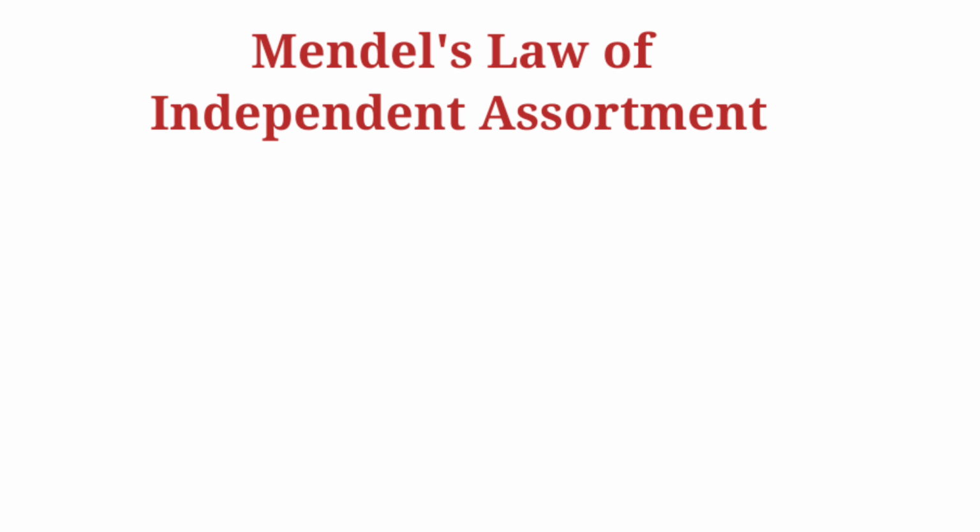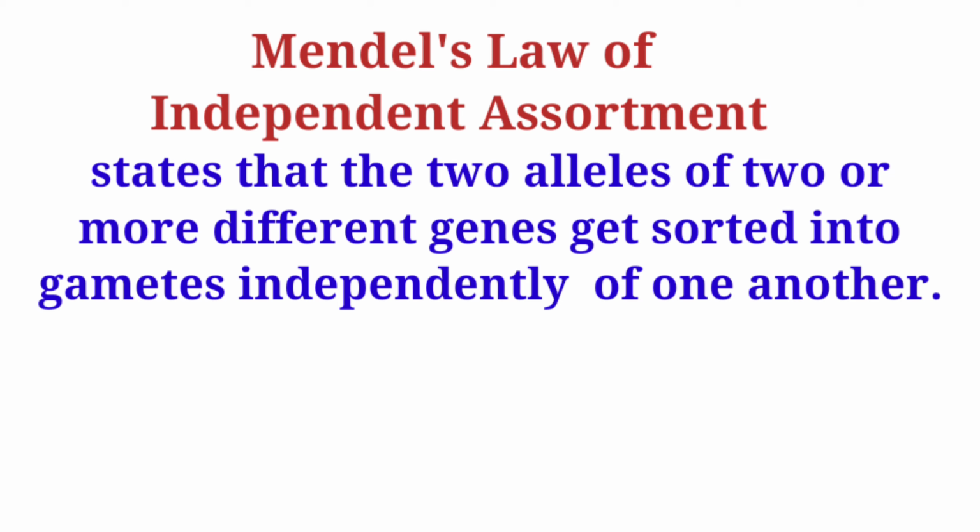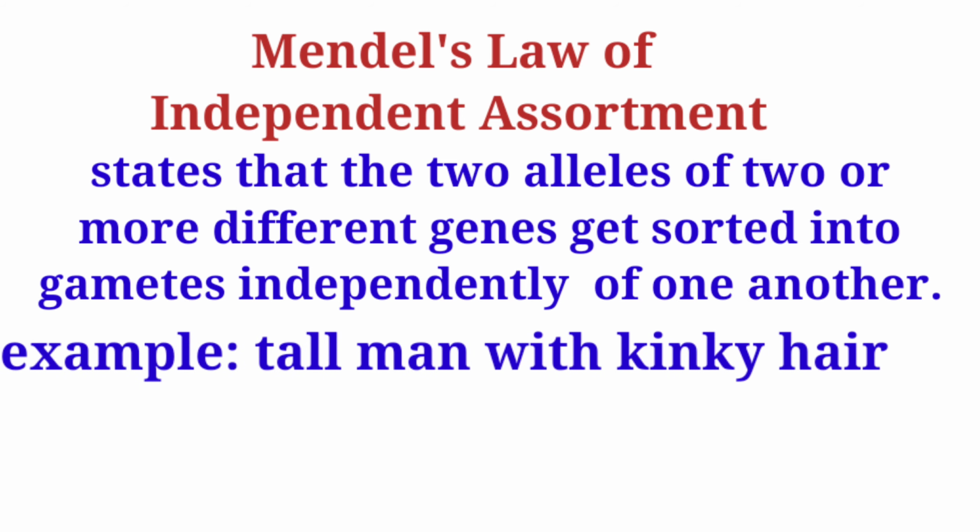Okay, so now what does Mendel's Law of independent assortment mean? Now this states that the two alleles of two or more different genes get sorted into gametes independently of one another. Now example, the tall man with kinky hair. The genotype of this is capital letter A and the small letter b.